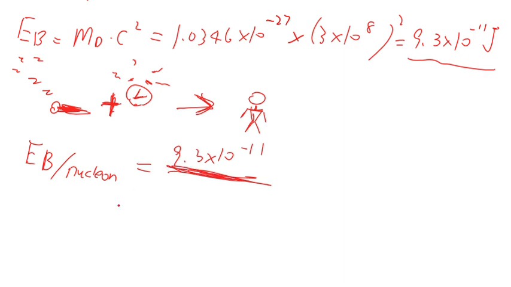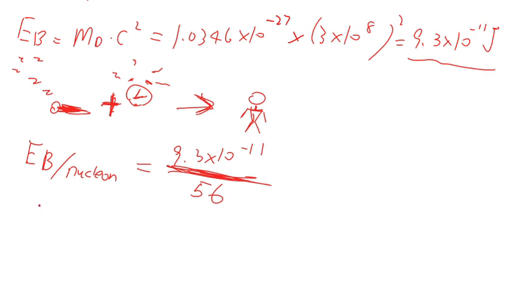How many nucleons does this iron 56 have? It's got 56 nucleons, right? We can tell it from its mass number. The mass number of it is 56. So we can calculate the binding energy per nucleon of iron 56. As you can see here, it is also a fixed value for this kind of nucleus.